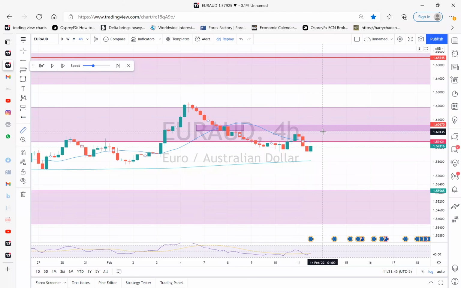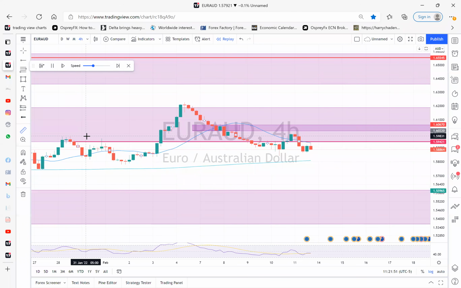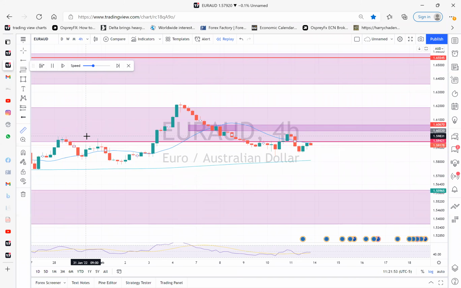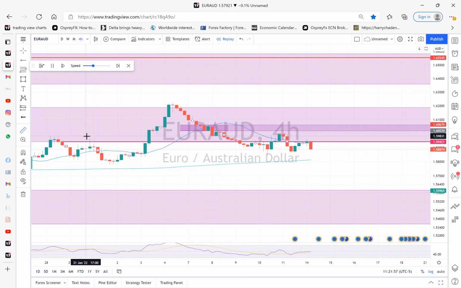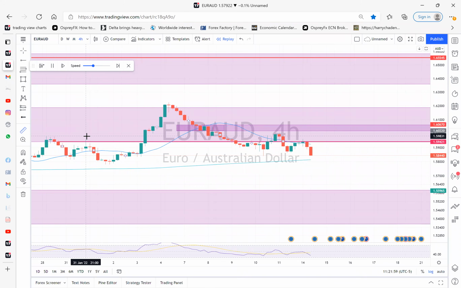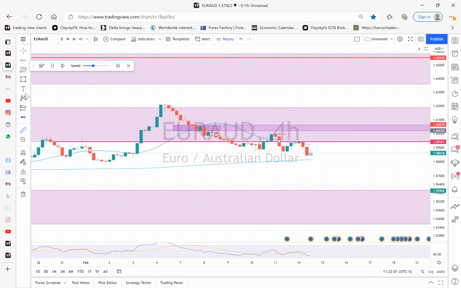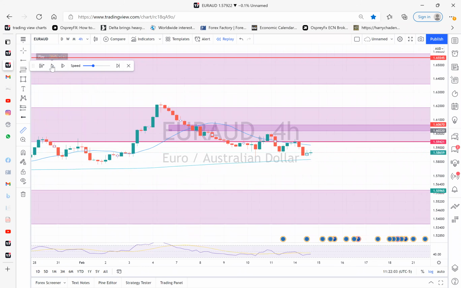I want to try to get 100 pips out of this trade, and then I want to sell it. So let me stop it right here. You see how the trade comes and taps your order block?